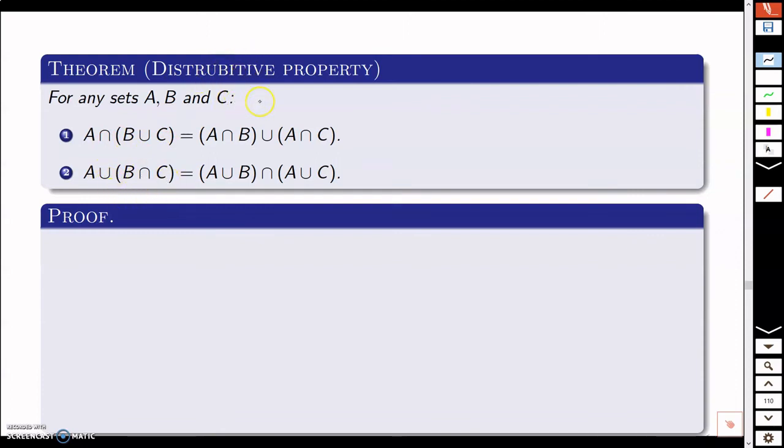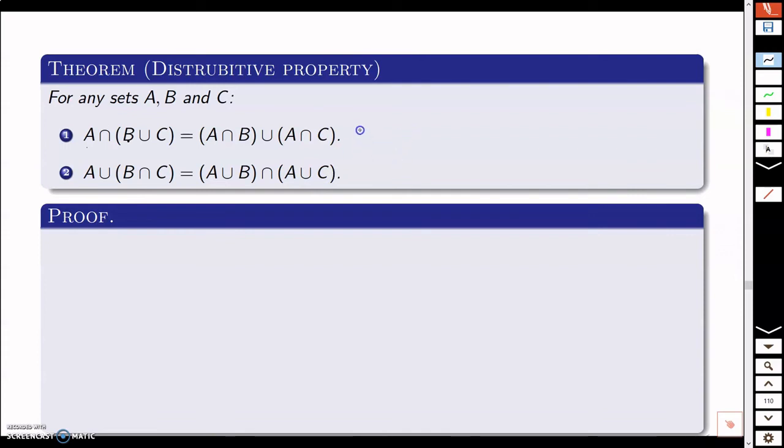So if I have three sets A, B and C, then A intersection (B union C) is the same as (A intersection B) union (A intersection C). So these two mean the same. That means you can distribute this intersection over the union, and you can do that for union as well. A union (B intersection C) is the same as (A union B) intersection (A union C).